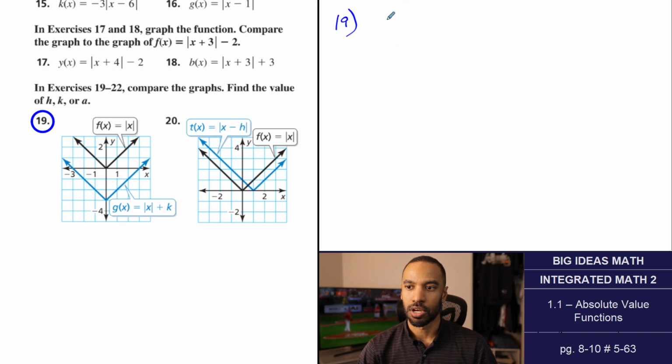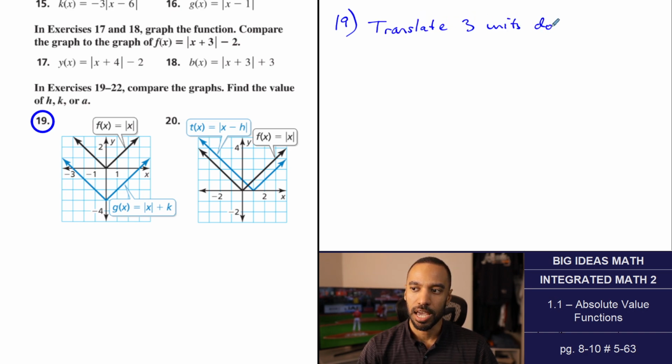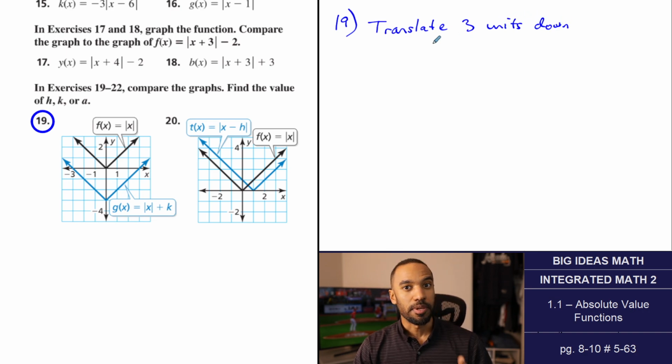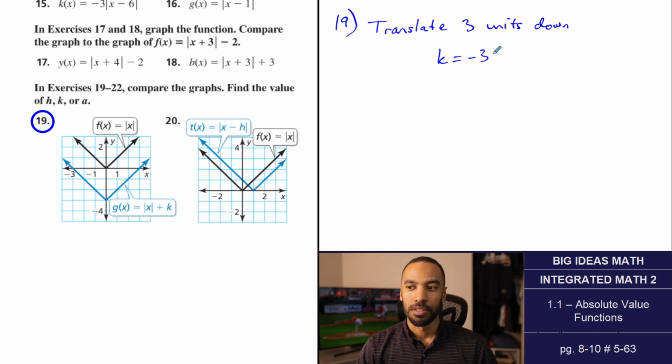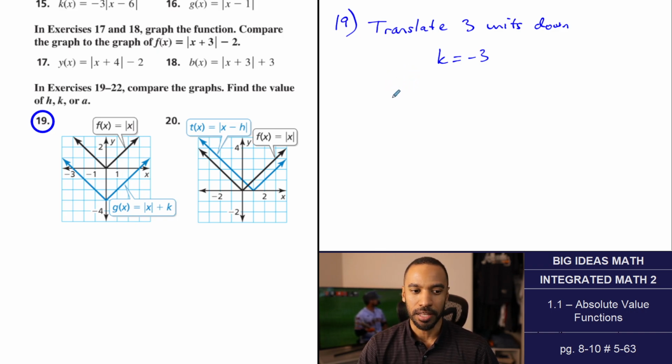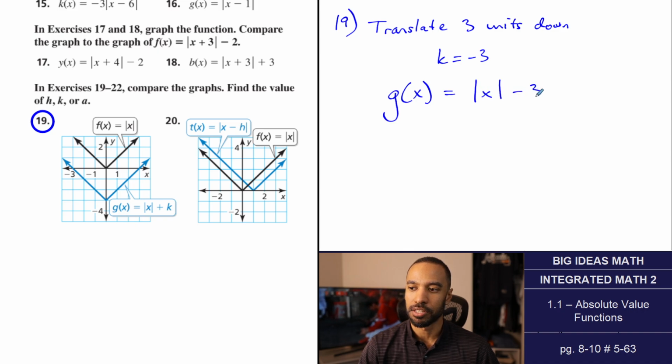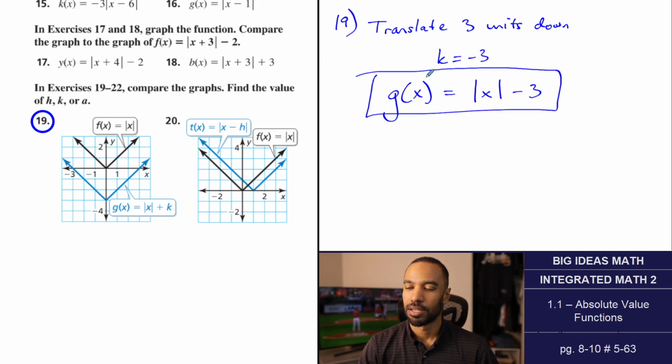That's the difference. So we translate 3 units down. I might type this later if they ask us to do this in the future. That means k is -3. So when they see absolute value of x plus k, h is 0, a is 1. We just leave them. We don't write anything. This is going to be g of x equals absolute value of x minus 3. And that would be number 19.